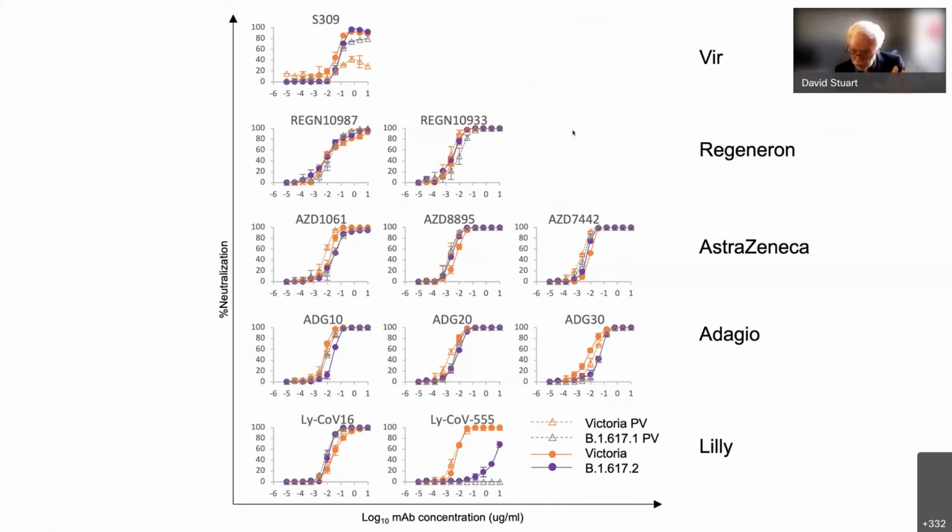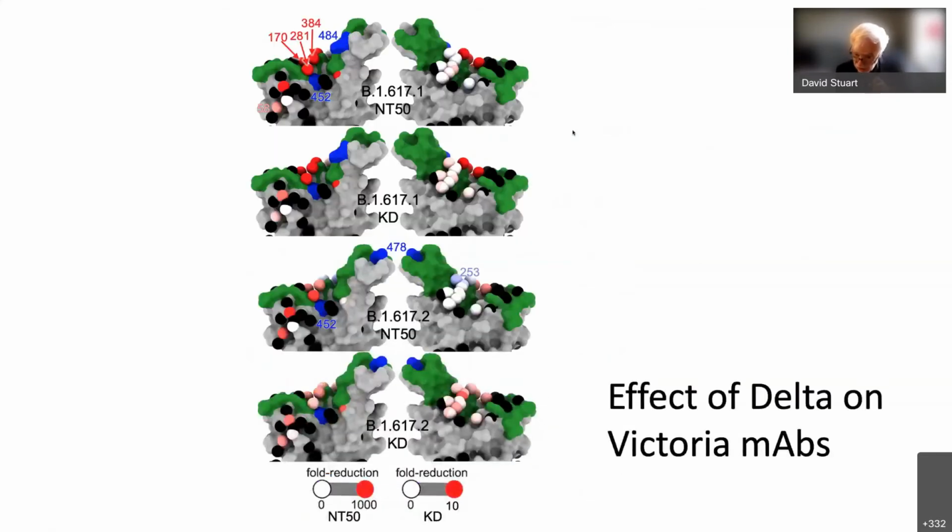UK. So good news is that nearly all of the potential therapeutic antibodies from Vir, Regeneron, AstraZeneca, Adagio, and Lilly remain effective against the Delta variant. So therapeutic antibodies generally look good.